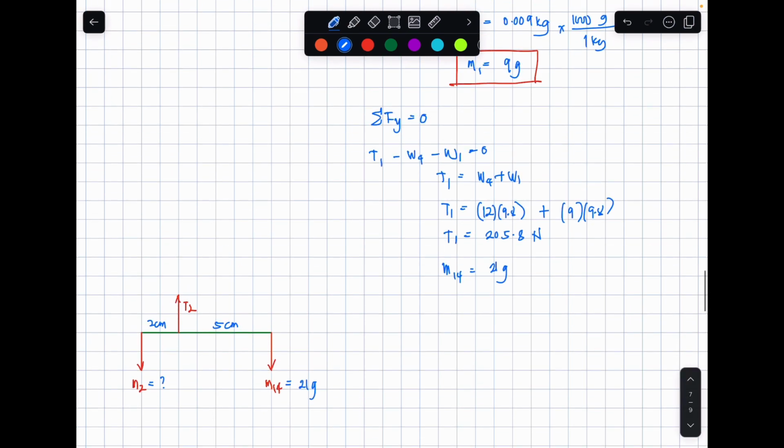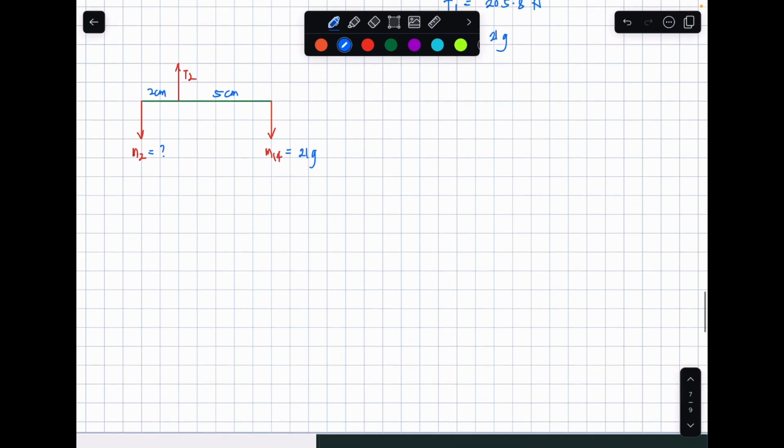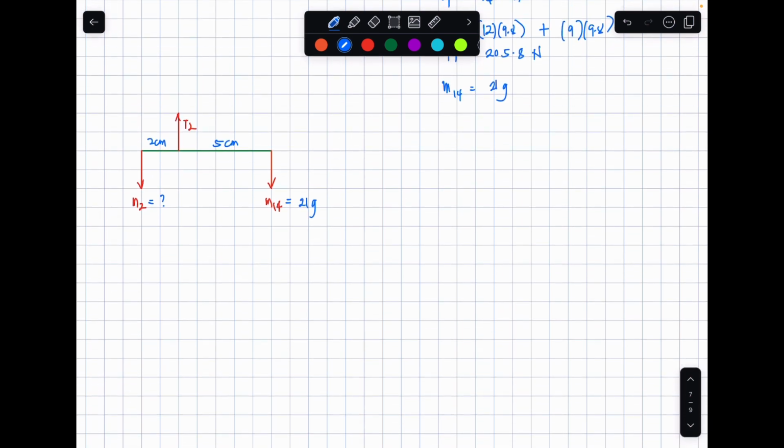Okay, so if we're not going to convert, so we take the summation of the torque, and that is equal to 0.